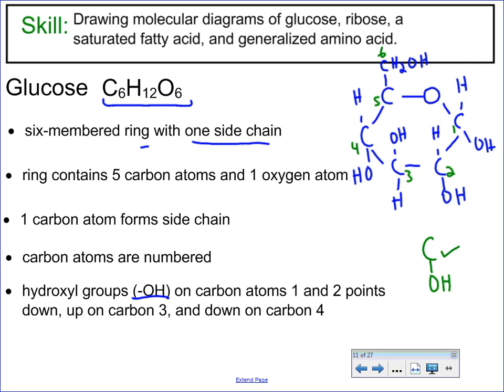This is correct. If the line is drawn between carbon and the hydroxyl group, or shown with the hydrogen, this is actually incorrect because the covalent bond is not between carbon and hydrogen, but between carbon and oxygen.